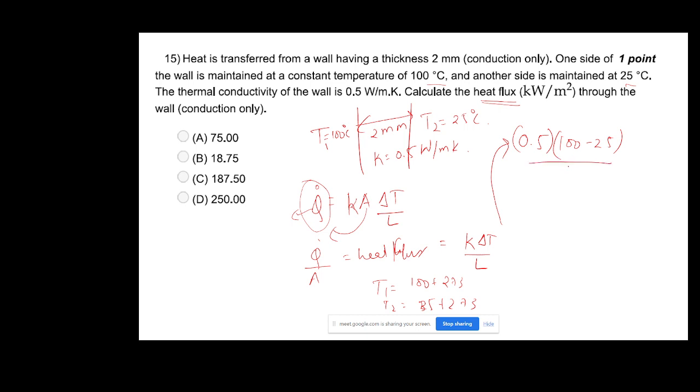And the length given here is 2 mm, which is the difference between the 2 points where we need to measure. So 2 is in mm.